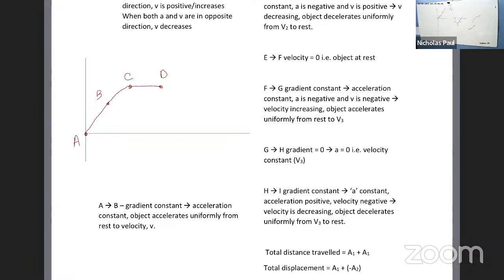B is positive, so D to E is a straight line like that. It says D to E constant gradient, so the straight line. A is negative, so the gradient has to be negative. B positive, so it's still above the x-axis.